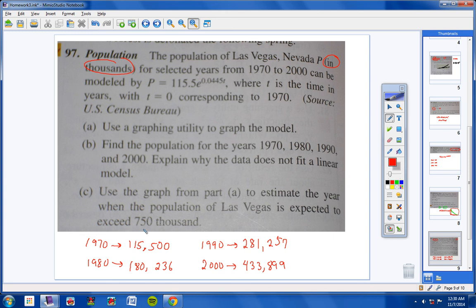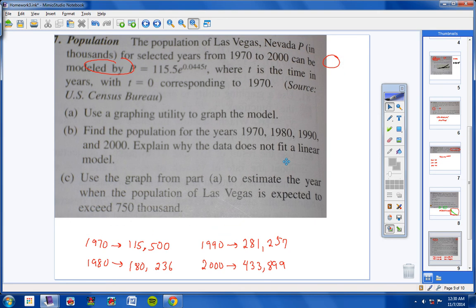In your table of values, you should see on the right side the Y values are increasing pretty quickly. So here we go. Yeah, pretty quickly.